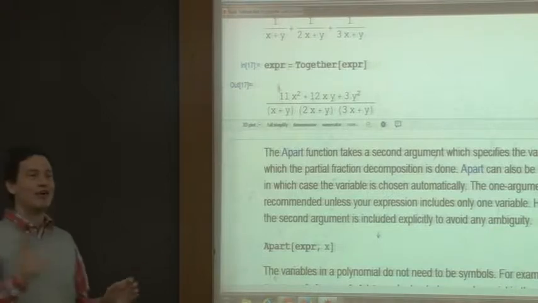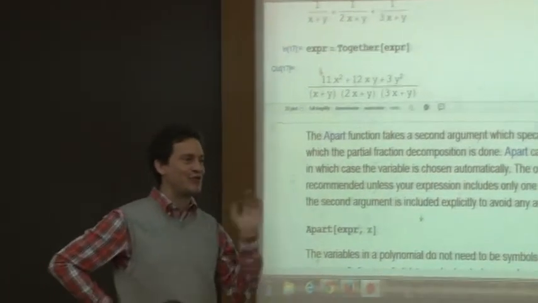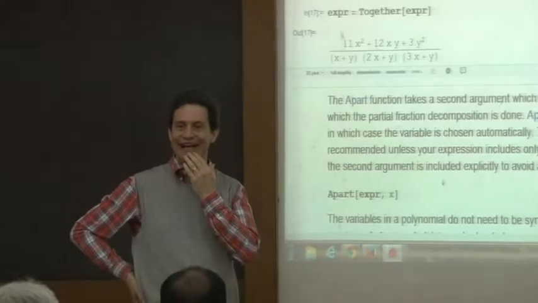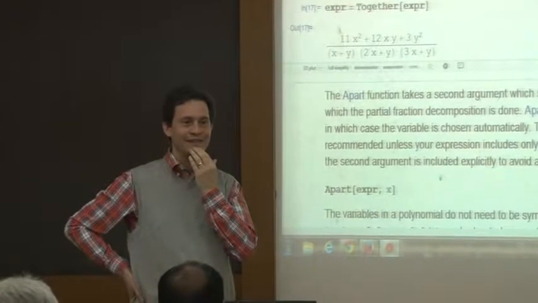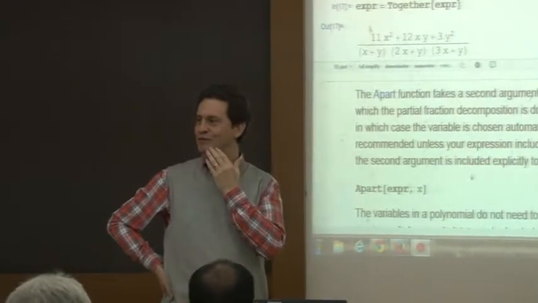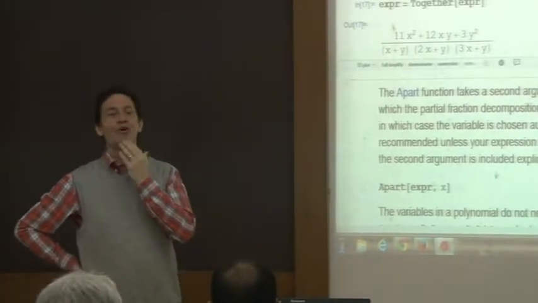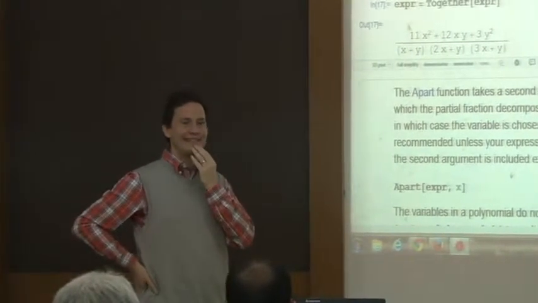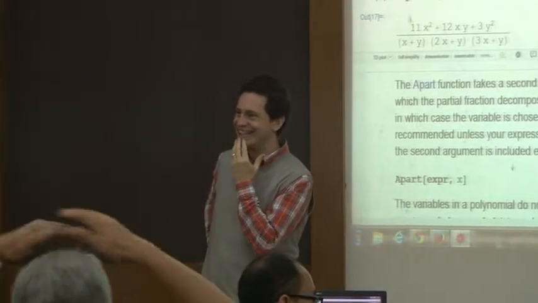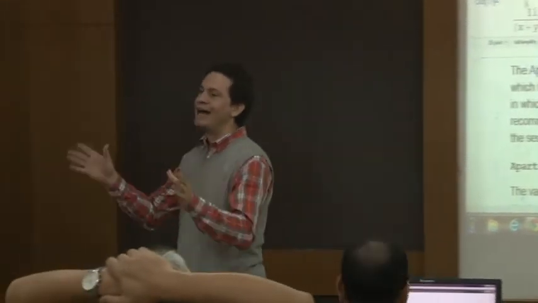Do you guys know how many functions we have in Mathematica version 9? Who knows, roughly? How many commands? 100, 1000? More than 4,500 commands. Nobody in the whole world masters all of them. Don't worry, we don't need to.